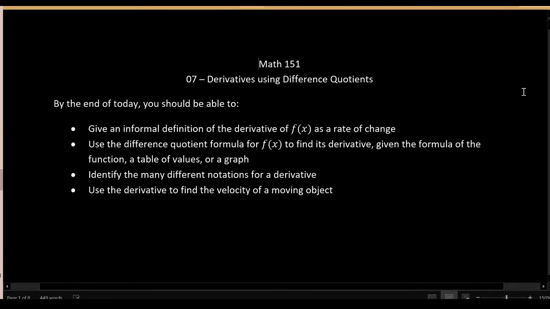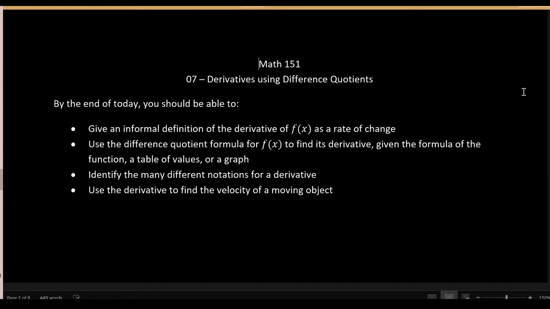In this video, we finally get started on what I would consider to be the point of Calculus 1, what Calculus 1 is all about, which is the derivative. The derivative is this quantity that we talked about in video 00, which could be used to measure how fast a function is changing, and which can be used to take a curved object and approximate it by simpler linear objects.